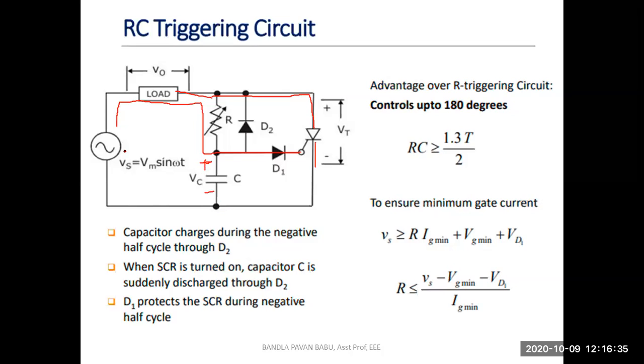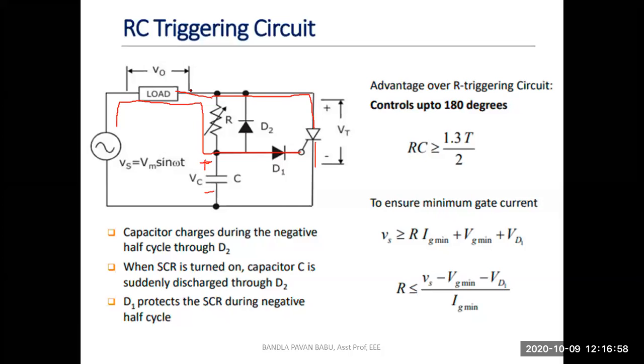I repeat once again. During the normal operation, that means during the positive half cycle, the current flows through load to resistor to diode to gate terminal. This will be a very minimum value, that is Ig minimum, because initially the resistance will be high. So a small amount of current only flows through this diode.